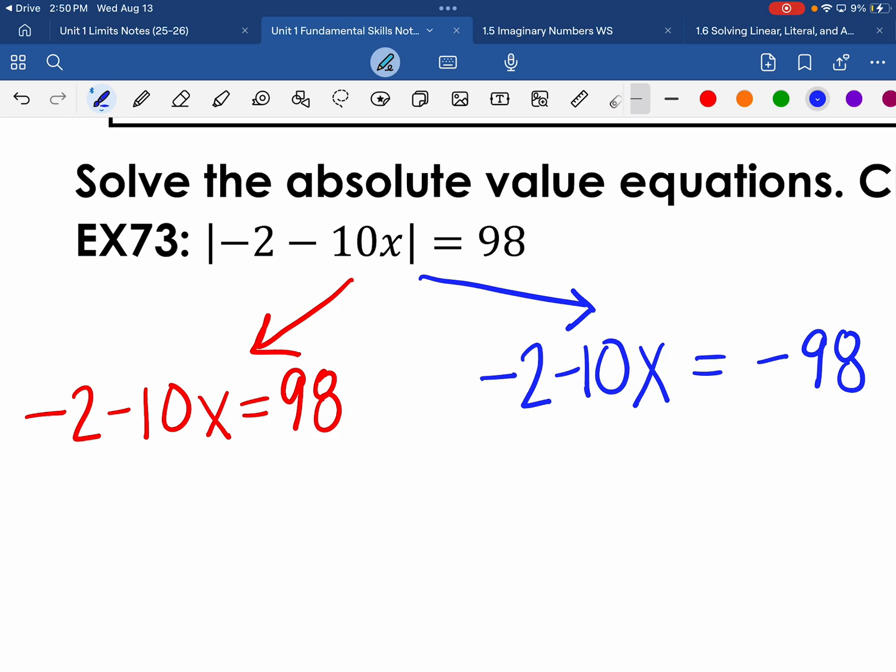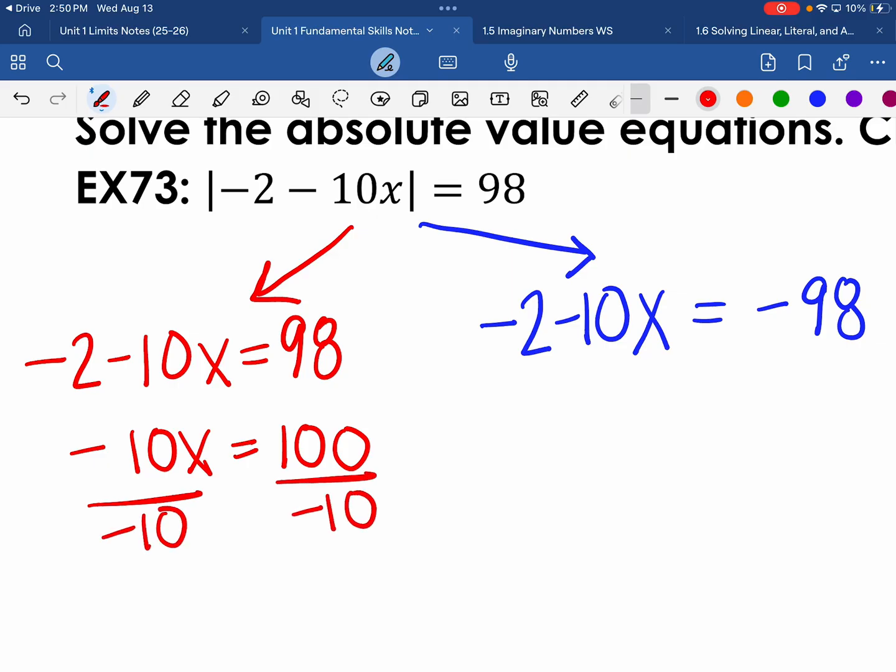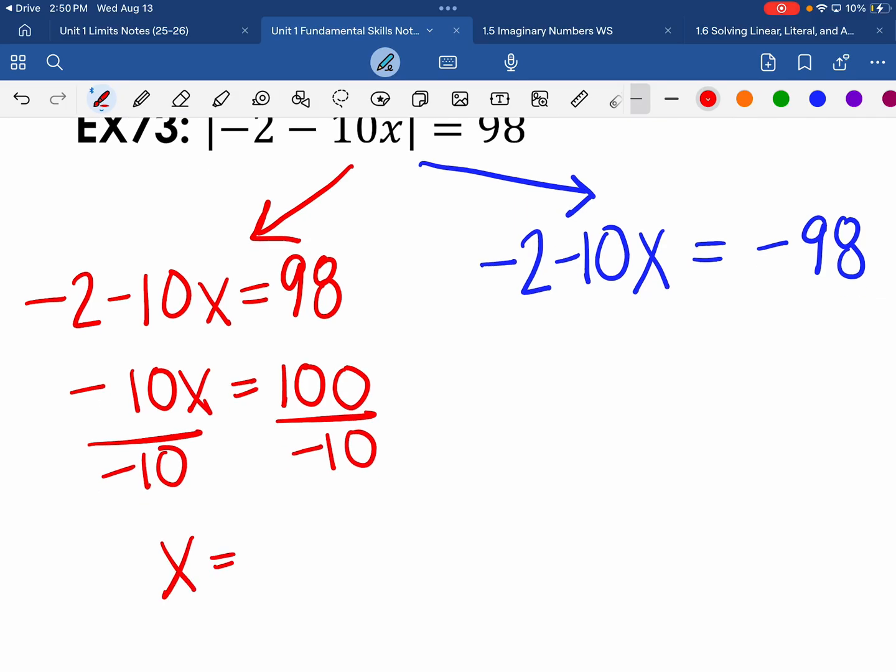Inside the bars stays the exact same. We are going to solve both of these. I'm going to add 2, which gives me 100, and divide by -10. So one of my answers is going to be -10.